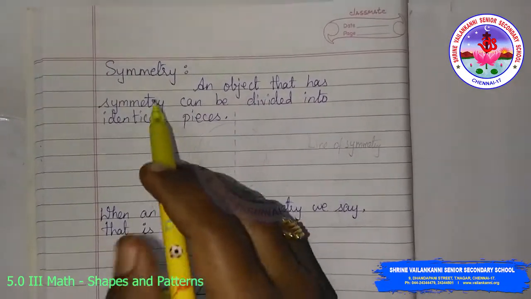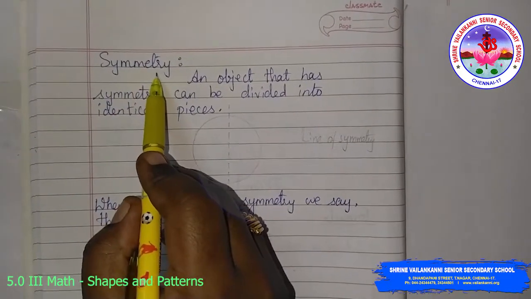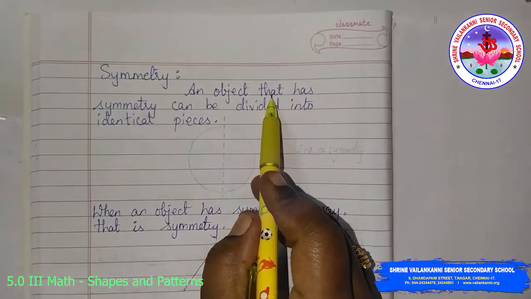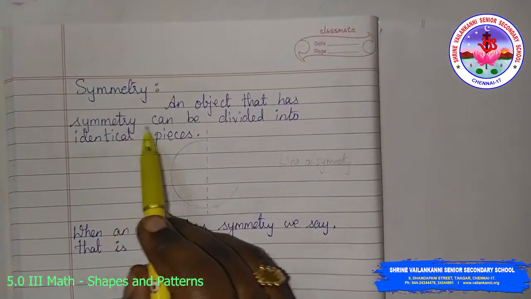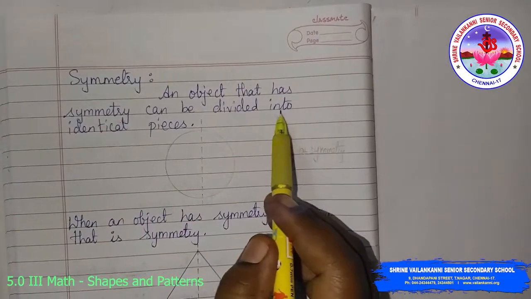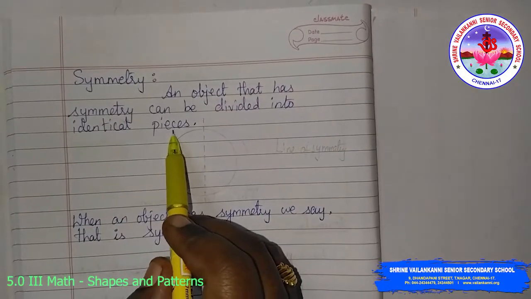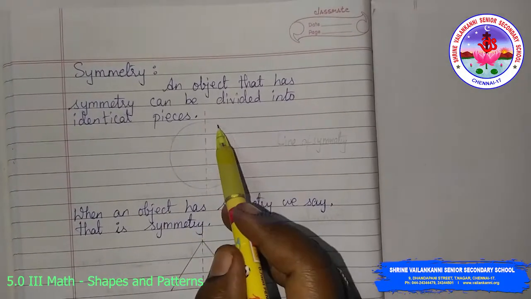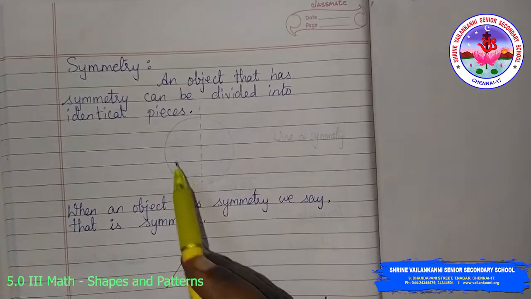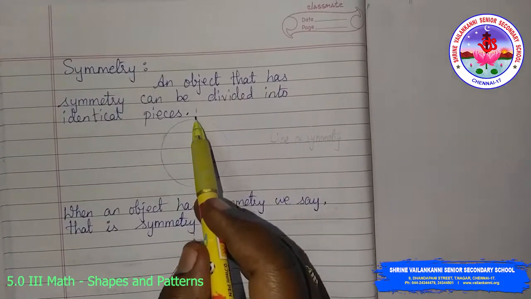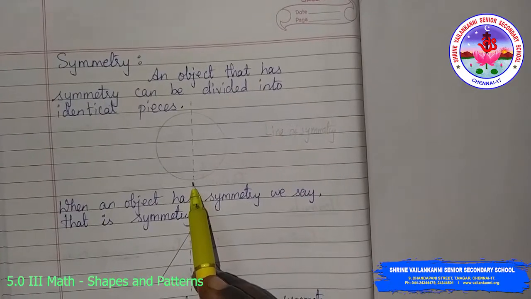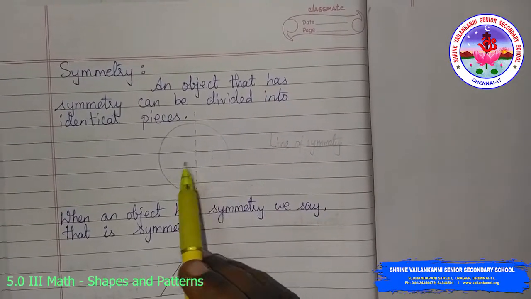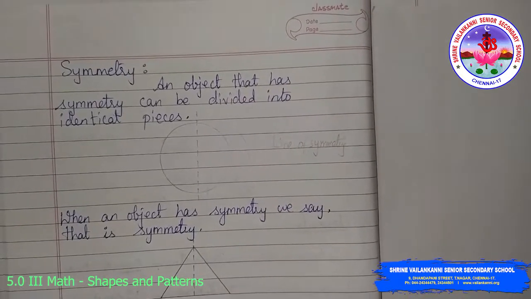The next topic we are going to see is symmetry. What is symmetry? An object that has symmetry can be divided into identical pieces. If you take a circle and divide it into two equal parts using a line, the two parts will look the same.